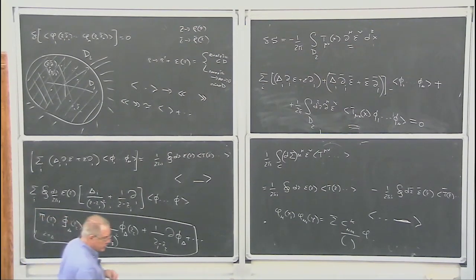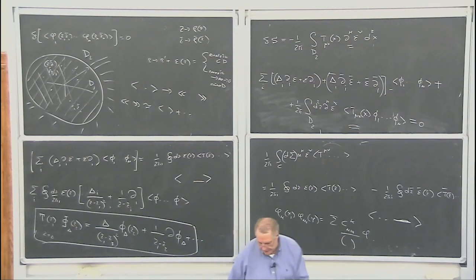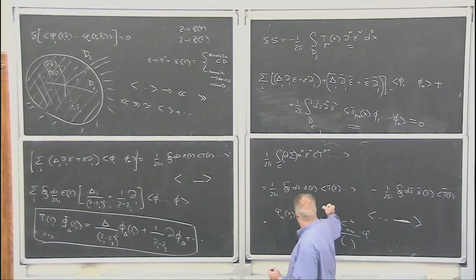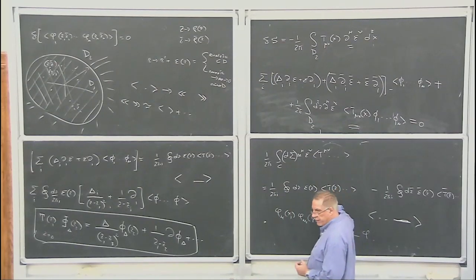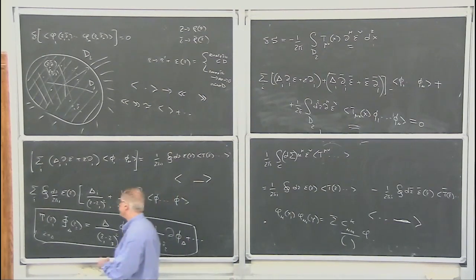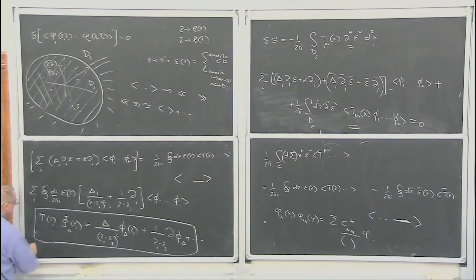Okay? So this is the Ward identity. The Ward identity is that any variation of the metric involves an insertion of the fields, and then if you bring it to the extreme consequences, we end up with the first non-trivial operator product expansion of the theory.